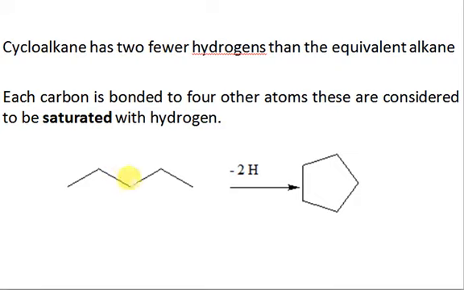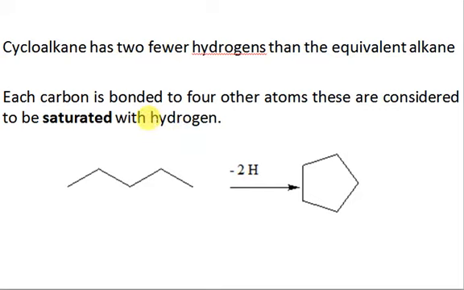If we count the hydrogens in pentane, we have 3 here, 2, 2, 2, and again 3 here, so we get 12 hydrogens. But in cyclopentane, we have 10 hydrogens, so we have lost 2 hydrogens. All the cycloalkanes have 2 hydrogens less than the alkanes, but still they are considered saturated.